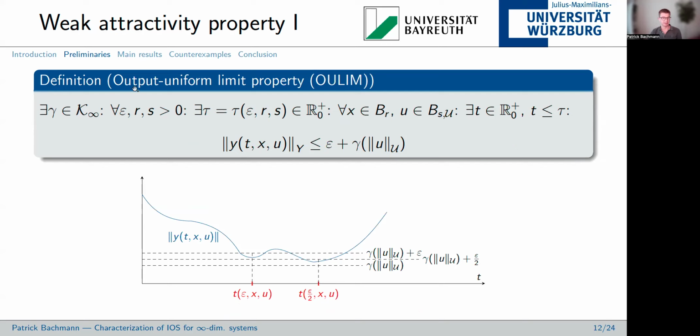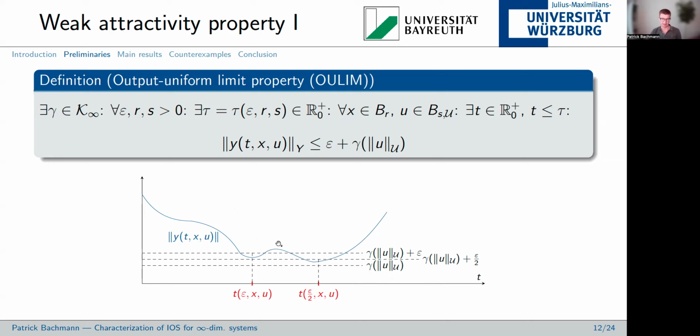The formal name is output uniform limit property, and weak attractivity is the right notion in this sense, because what we have is that we get into each epsilon neighborhood of this perturbance radius gamma of norm u, but we don't need the system to remain inside.